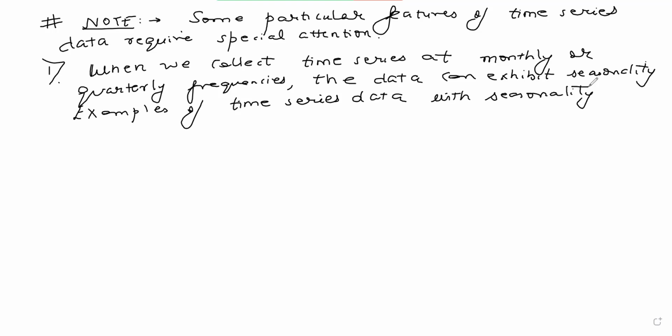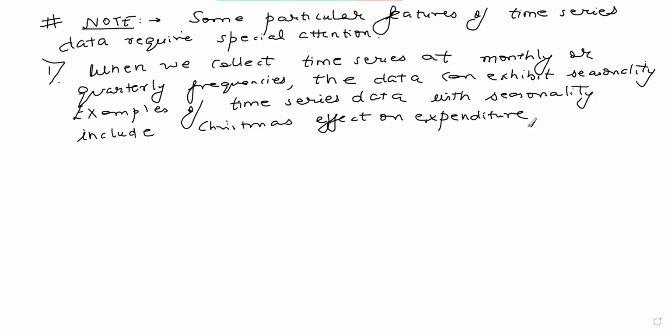Examples of time series data with seasonality include the Christmas effect on expenditures. During December, one would expect expenditures to be higher because Christmas leads to holidays and people tend to travel during holidays. They go for shopping, so the expenditures tend to go up. We would expect the expenditures to go up during this festival.